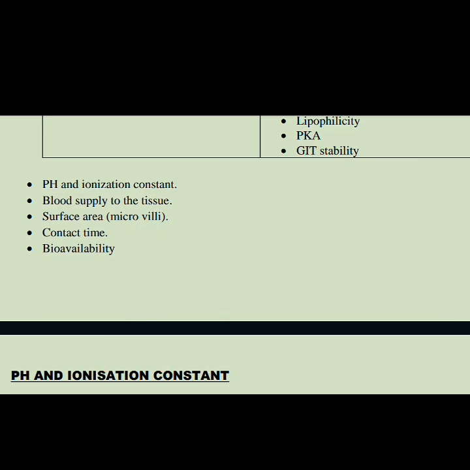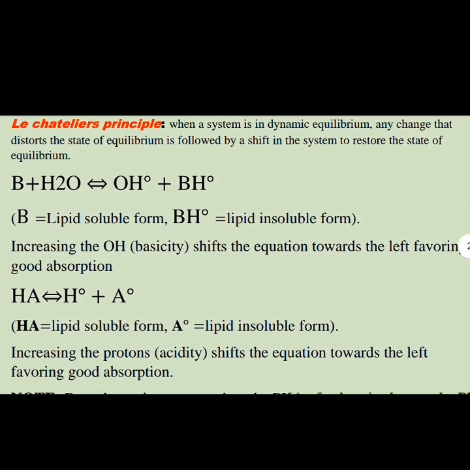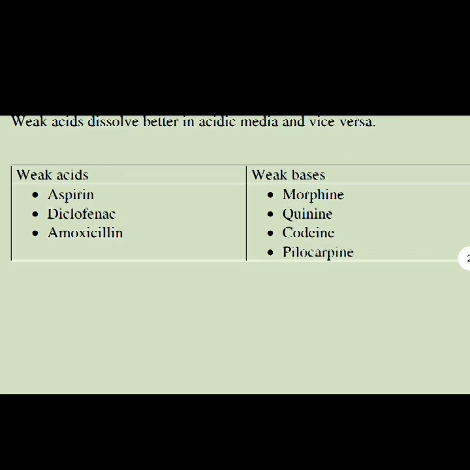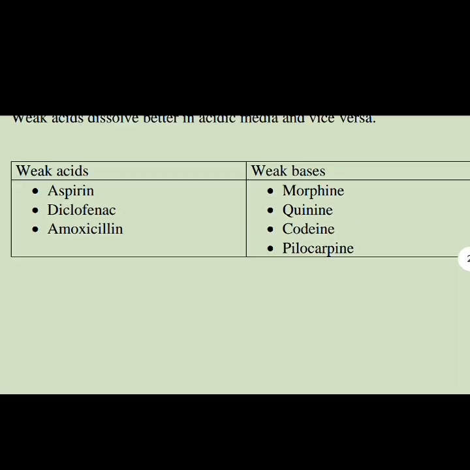So we talked about pH, we discussed this very well. These are examples of weak acids, these are examples of weak bases. The key thing I want you to know there is that usually whenever you see a drug ending in -ine, it shows that the drug is an alkaloid, and alkaloids are most of the time basic in nature.